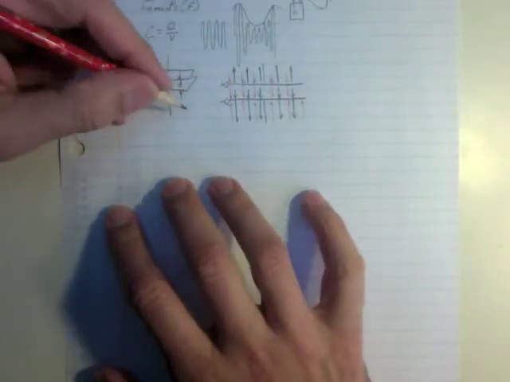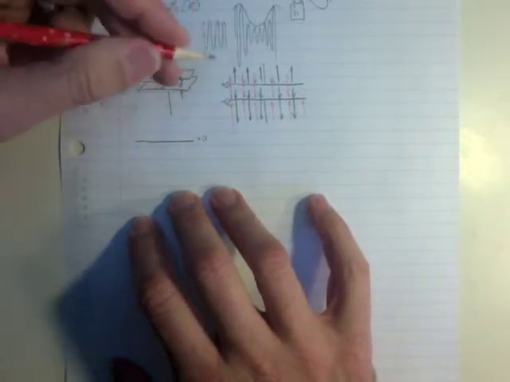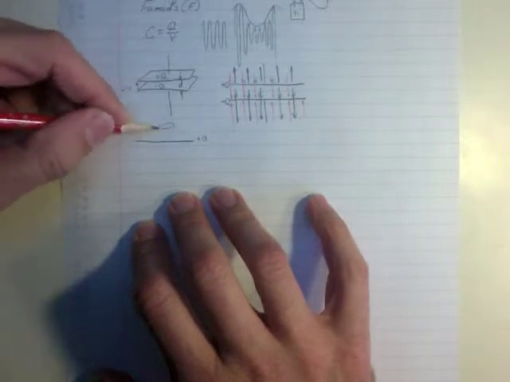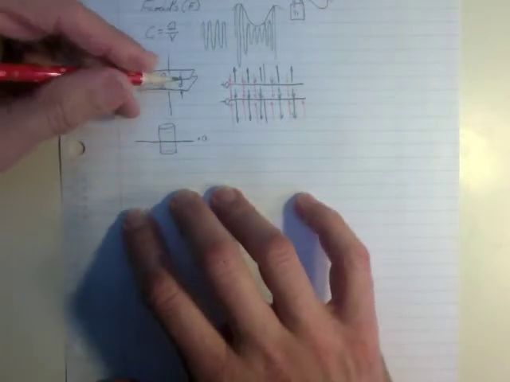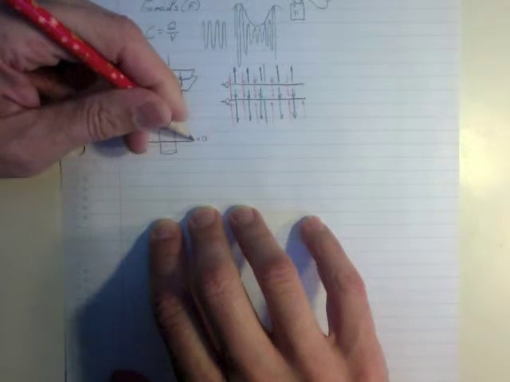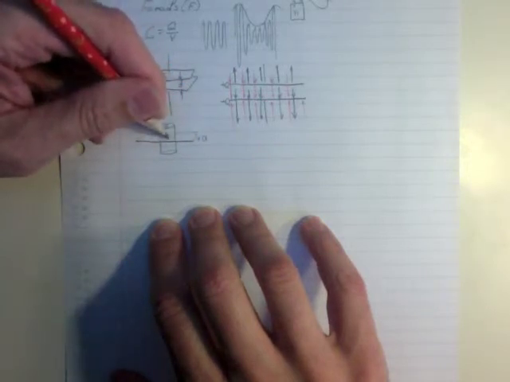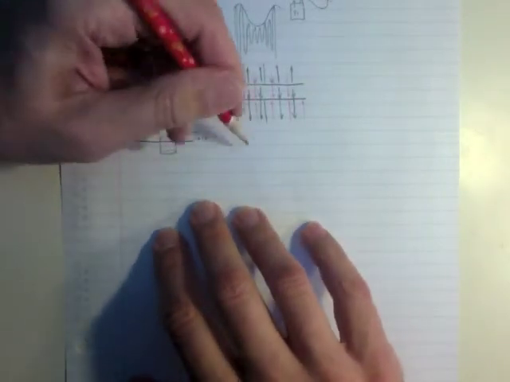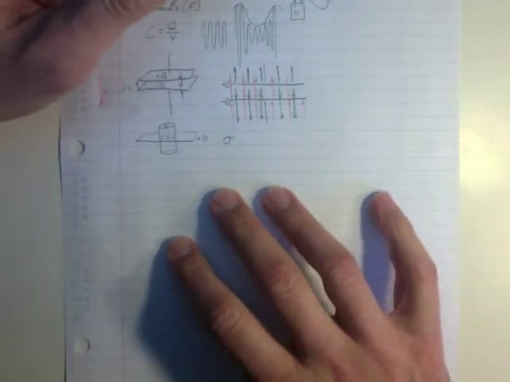Let's do plus Q. If we do Gauss's law with a symmetric cylinder above and below, and here's my A where it intersects, let's assume that there's a charge density sigma. That's the area charge density.